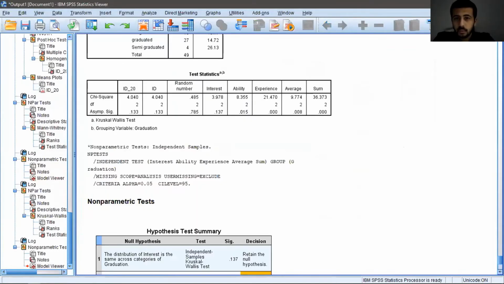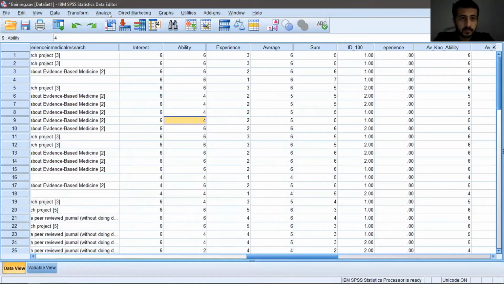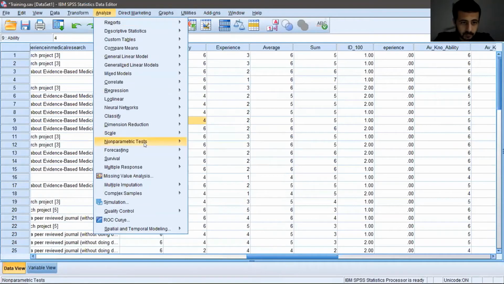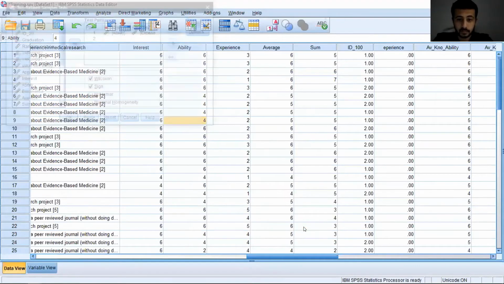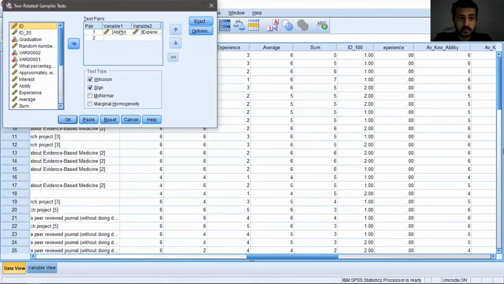What else do we need to test? Analyze, non-parametric tests, related samples. Is that important? Yes, we need that. Related samples.